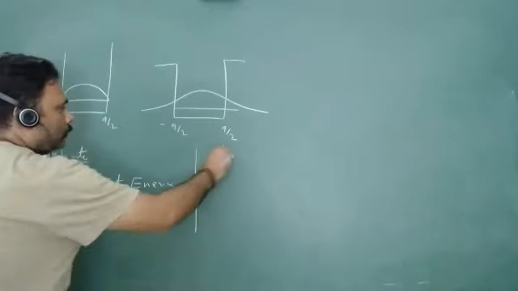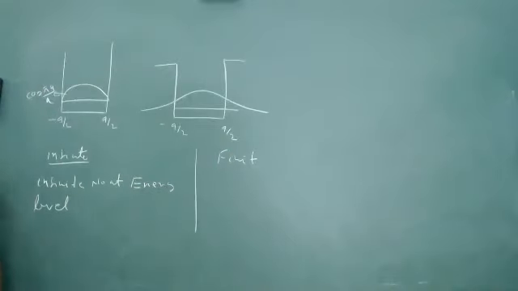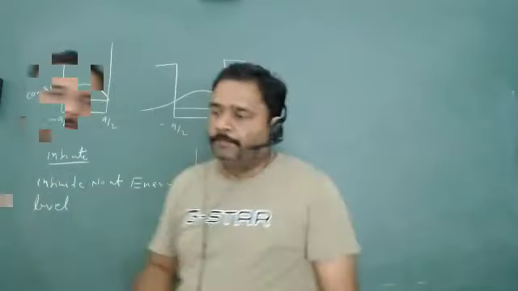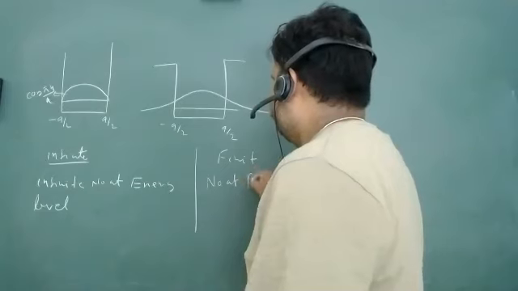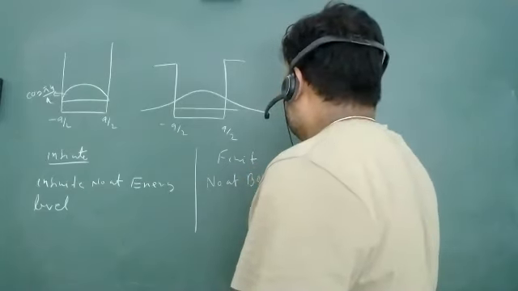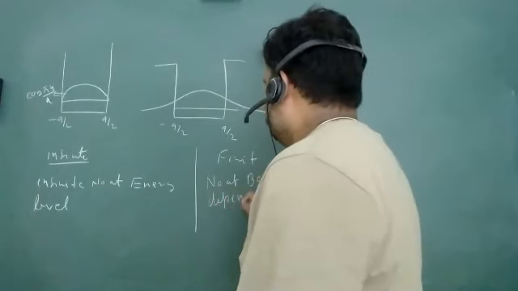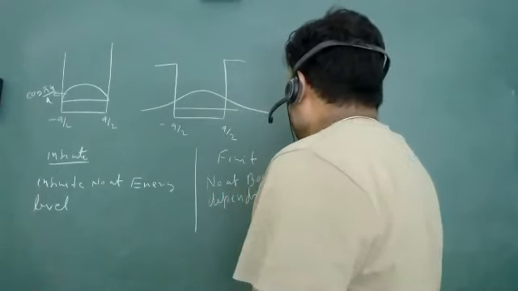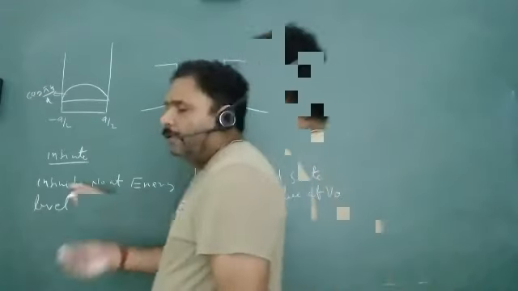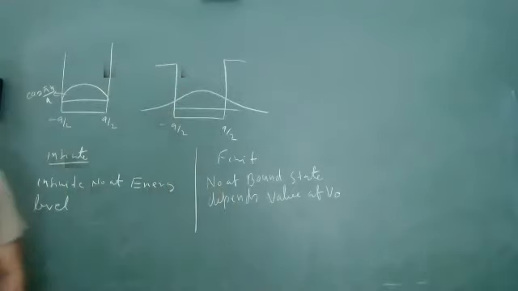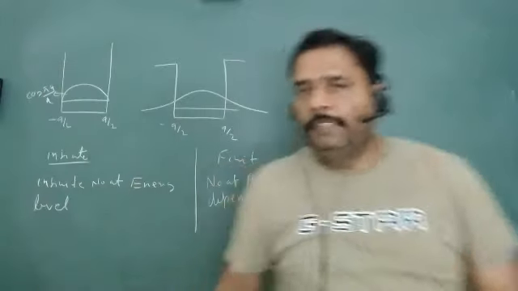And for finite, the number of bound states depends on the value of V naught. But here you have an infinite potential, so you have an infinite number of bound states. Both have discrete energy levels. You can easily find that both have discrete energy levels.